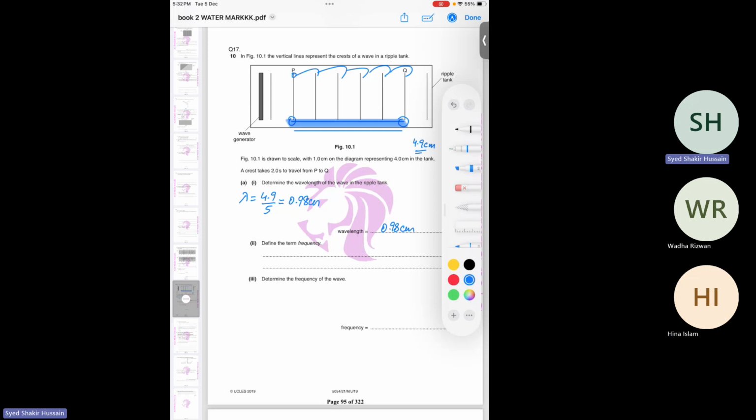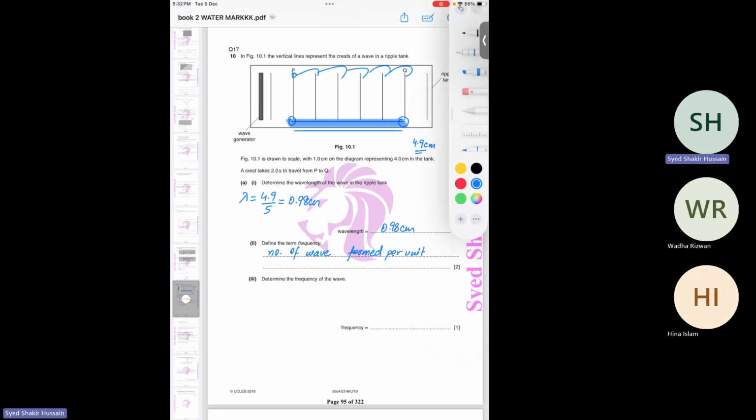All right, perfectly fine. So number of vibrations. You can say number of waves, number of wavelengths, or oscillations per unit time. So frequency is the number of waves formed per unit time. Right?